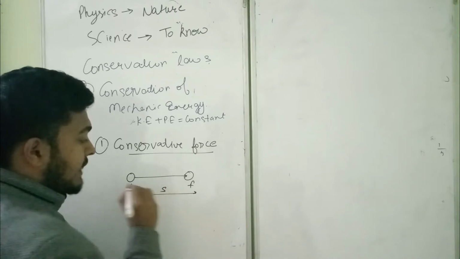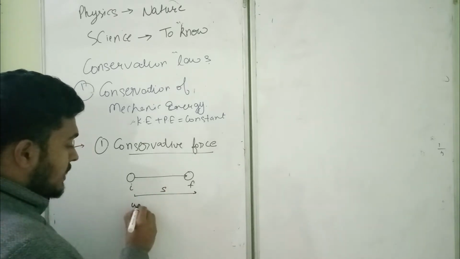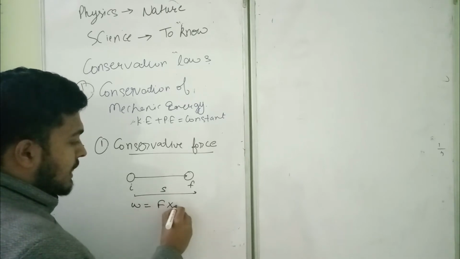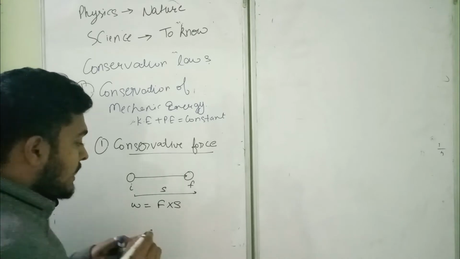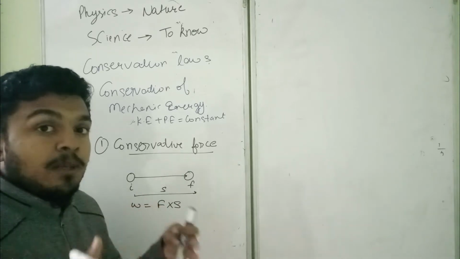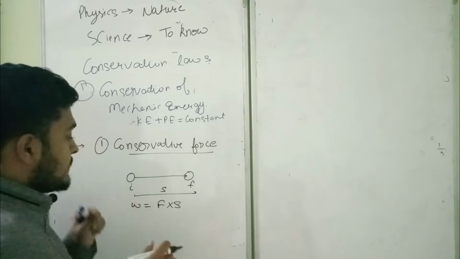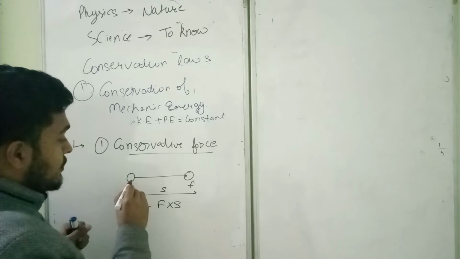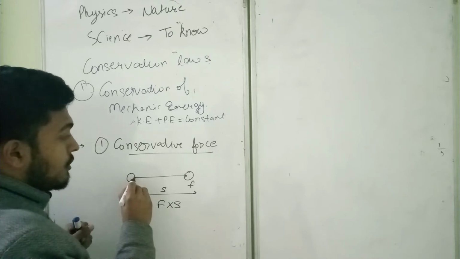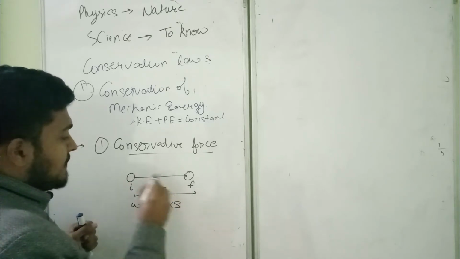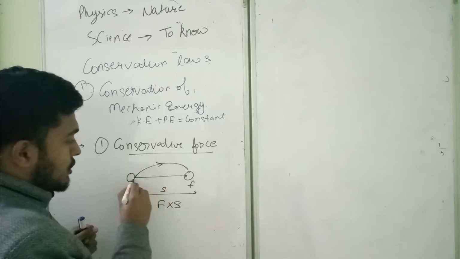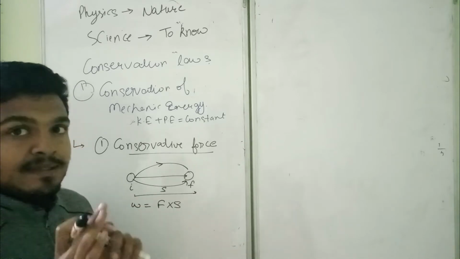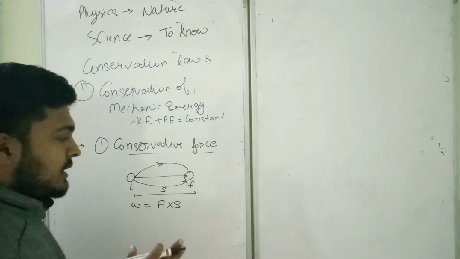If s is the displacement, then work done by this force is equal to this force multiplied by the displacement. This is the work done, and it does not depend upon the path taken, meaning that if you go from this initial position to this final position through this path or through this path, then the work done in all these processes will be the same if the force is conservative.